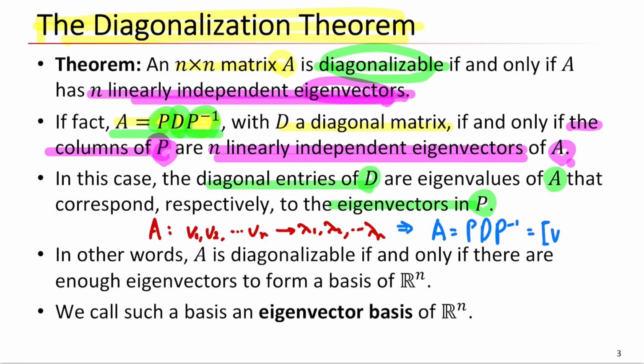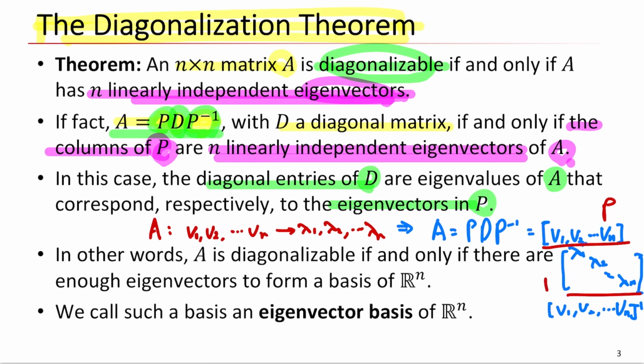So in this case, v1, v2 through vn times the diagonal matrix D, lambda 1, lambda 2, lambda n, with the inverse of v1, v2, vn, right? So in this case, this is the matrix P, this is the matrix D, this is the matrix inverse P, right?